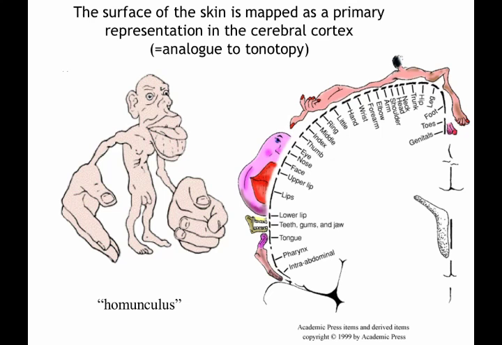Okay. Here's my favorite map. This is a very striking image. It's called the homunculus. It shows what the cortex does.